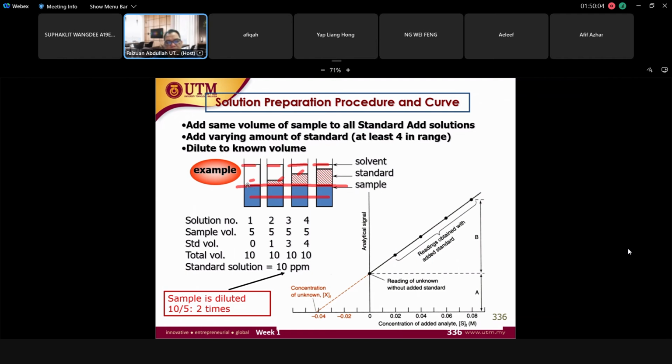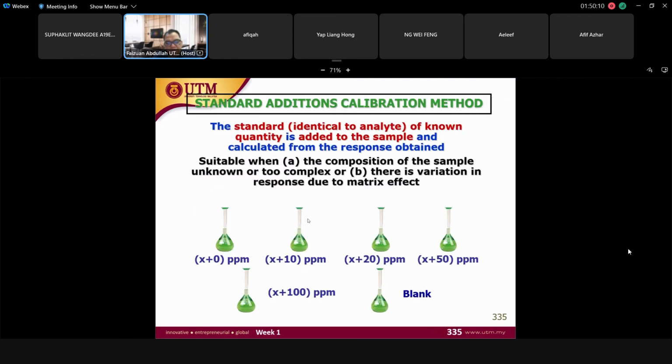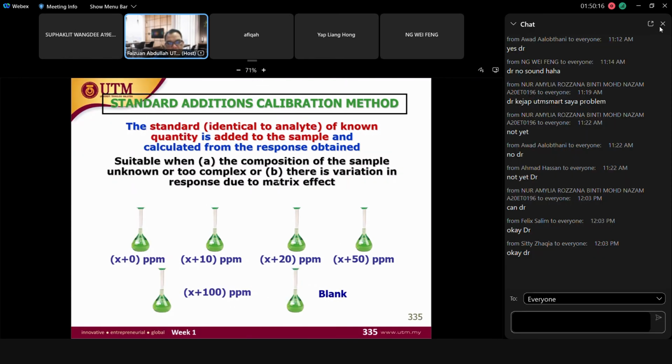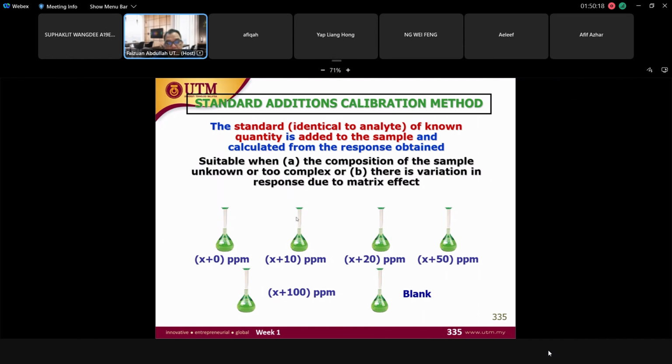I told you to prepare the standard addition, we need to use the sample instead of distilled water, right? We need to know the amount of sample that we need to dilute up to the mark.